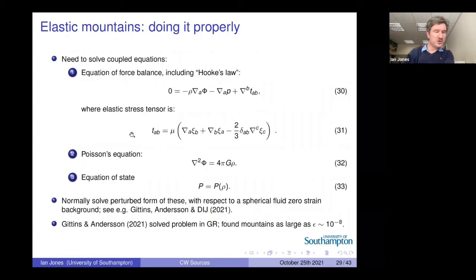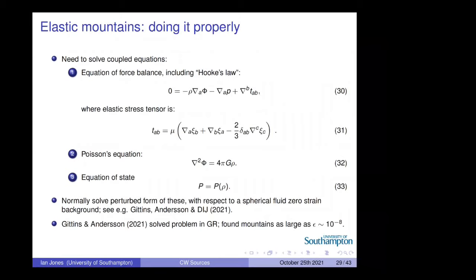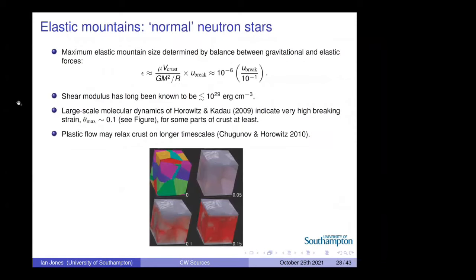I can see there's a question. Do you want to go ahead, Garadat? Yeah, so question from your previous slide related to molecular dynamics simulations. So there they consider the neutron star to be made up of particles. And what kind of interaction they might be having? Is it a purely gravitational interaction or?